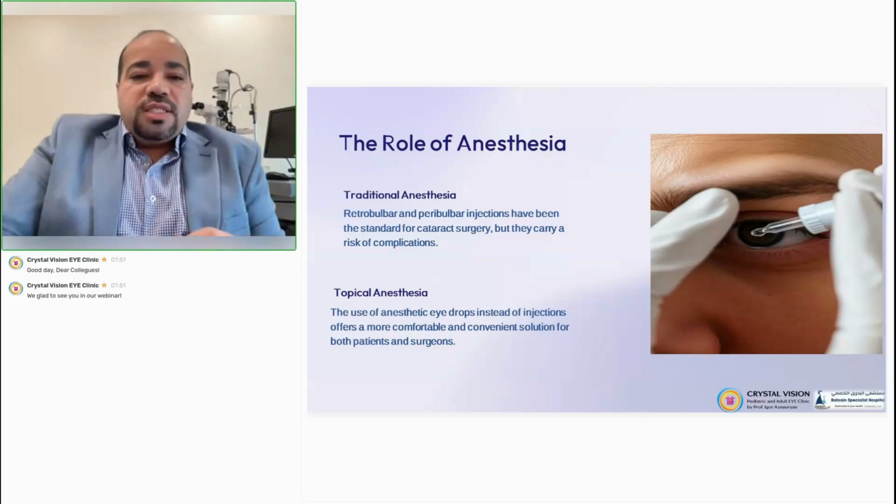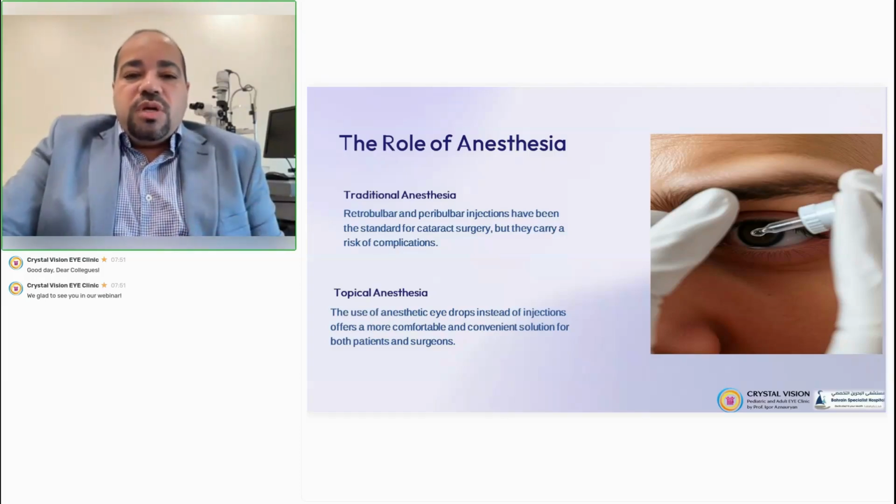The role of anesthesia. Anesthesia in cataract surgery plays an important role because the cornea and iris have a very dense plexus of nerves. This is why it is important we do anesthesia in cataract surgery. But what was the traditional anesthesia used during the last few years?